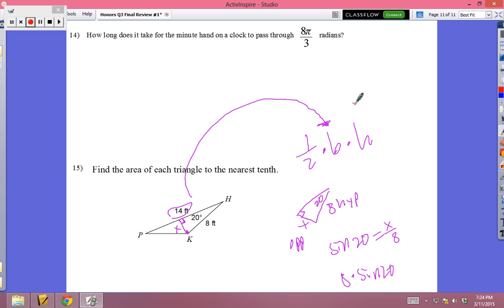So my height is going to be 8 times the sine of 20 degrees, and my base is 14. So if I punch that in, 1/2 times the base times the height, 14 times 8 times the sine of 20, I get the area of this triangle is like 19.15 units squared, whatever, feet squared.